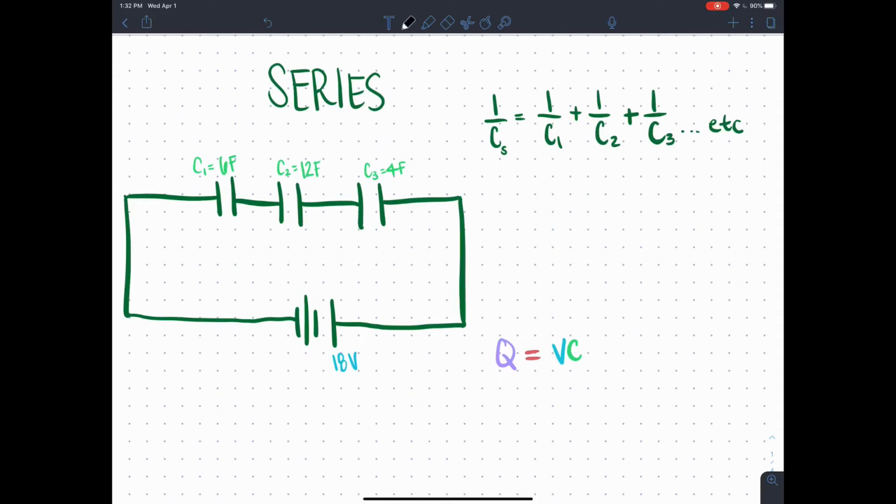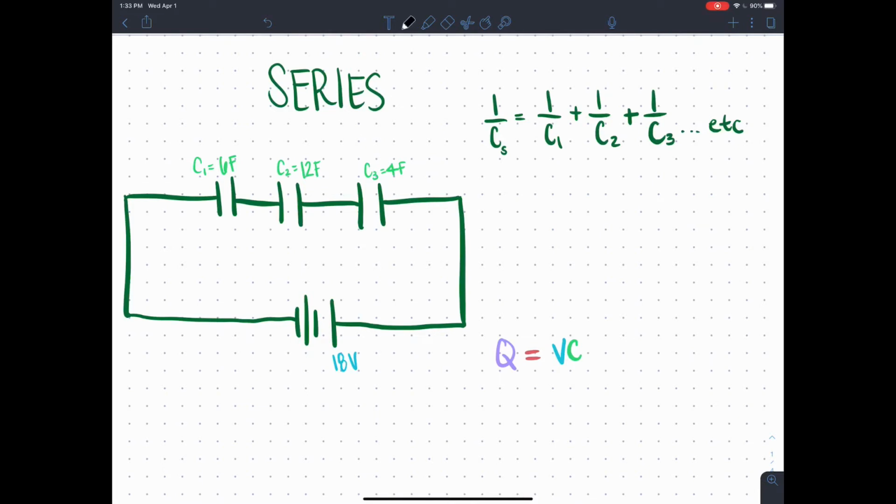To account for the charge going across the whole circuit, we need to add these capacitors up and combine them as one overall capacitor. To do this, we need this equation: 1 over capacitance is equal to 1 over the capacitance of the first capacitor plus 1 over the second one plus 1 over the third one.